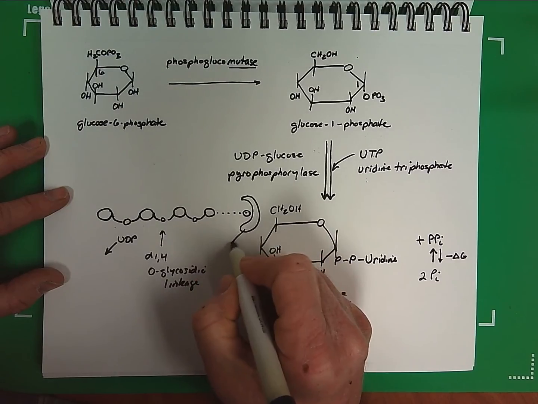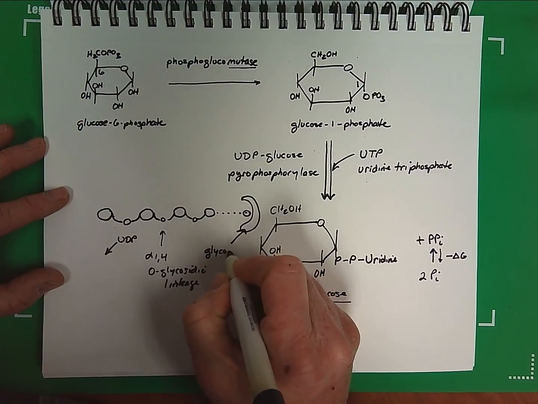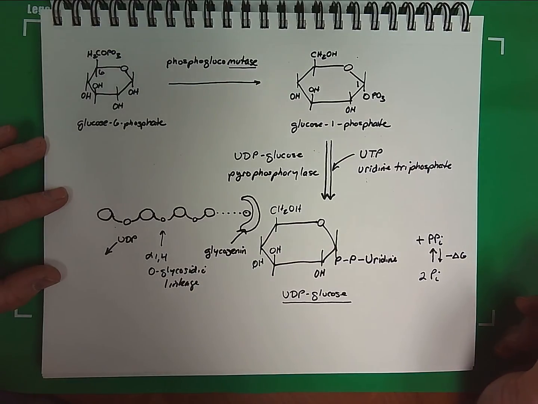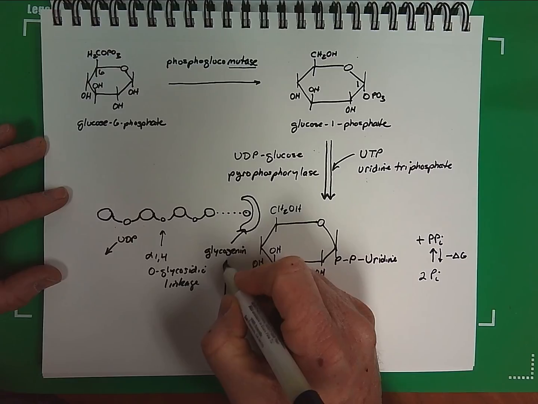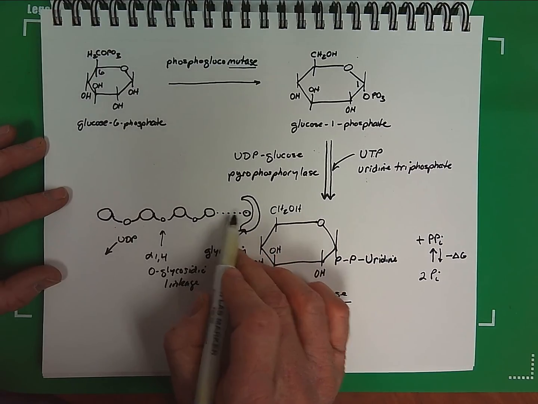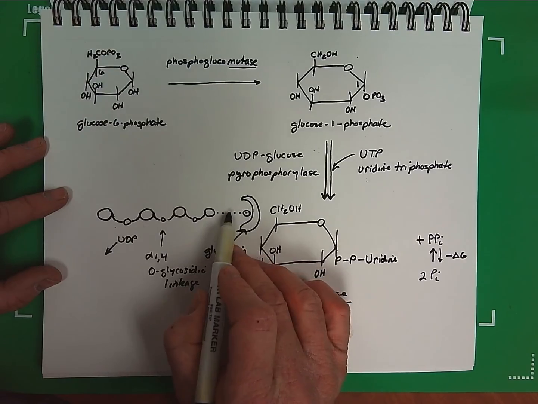And this molecule is a protein called glycogenin. Glycogenin has enzymatic activity that allows the synthesis of a few residues of glucose to begin the chain formation.